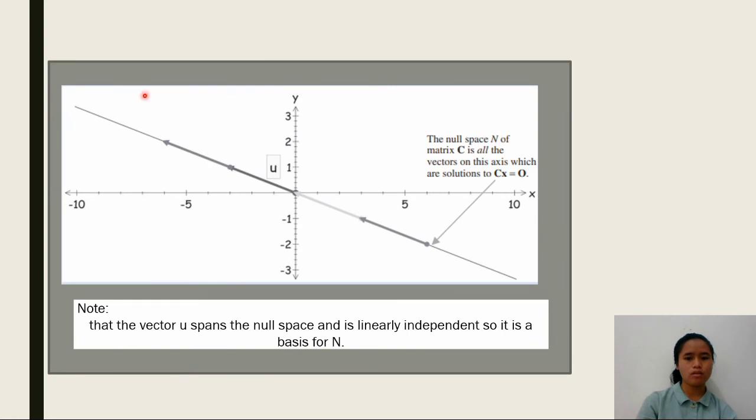This is an application in the Cartesian coordinates. So the null space N of matrix C is all the vectors on this axis which are solutions to Cx equal 0. The vector u spans the null space and is linearly independent, so it is a basis for N.